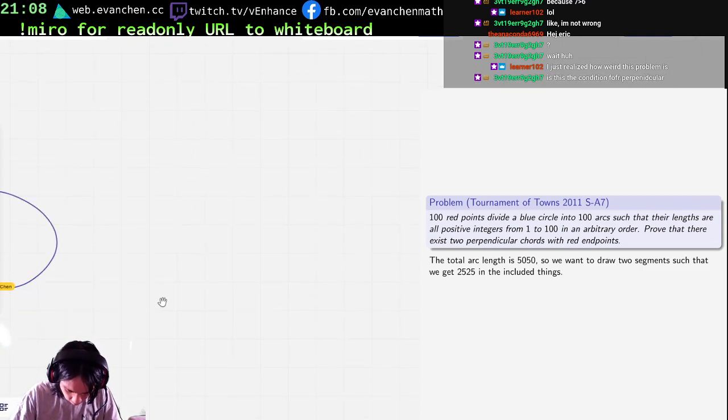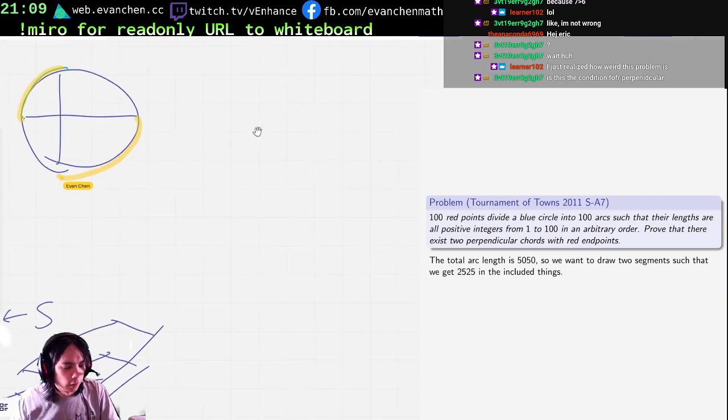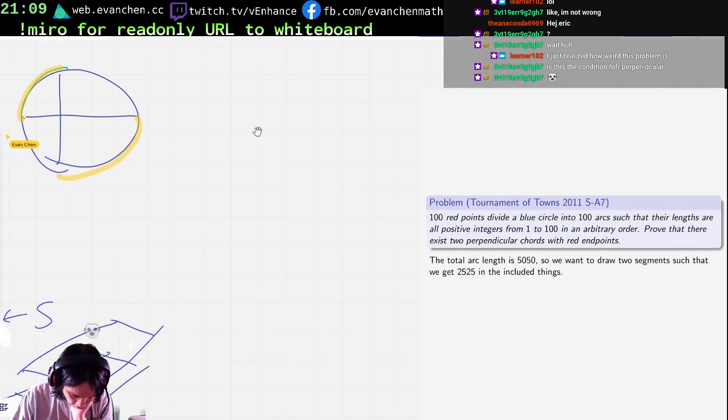So you want like this arc and this arc. Let me highlight them, it's easier. This arc and this arc should sum up to 25-25 is the end goal. Yeah, that's what it means to be a right angle.